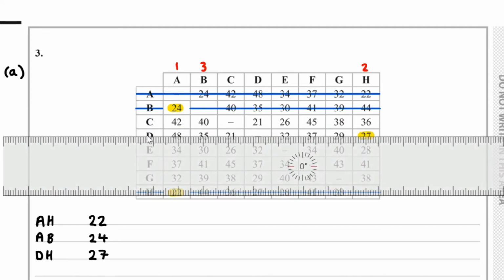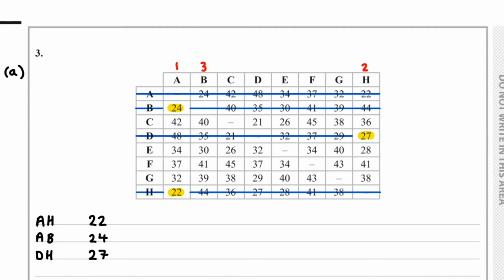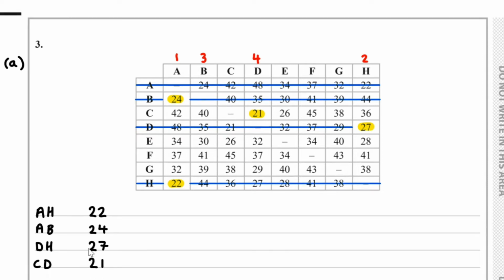We now delete row D and then write a 4 above column D. Looking down A, B, D and H, the smallest entry is the 21. CD has weight 21.